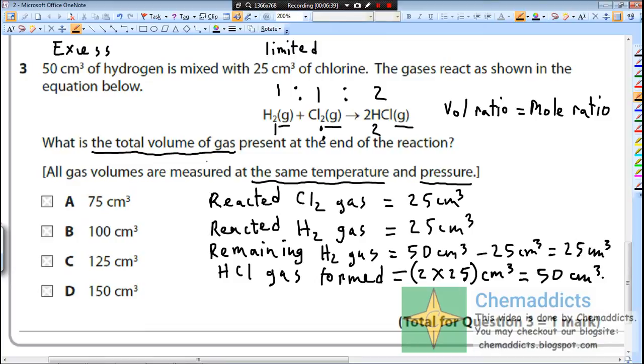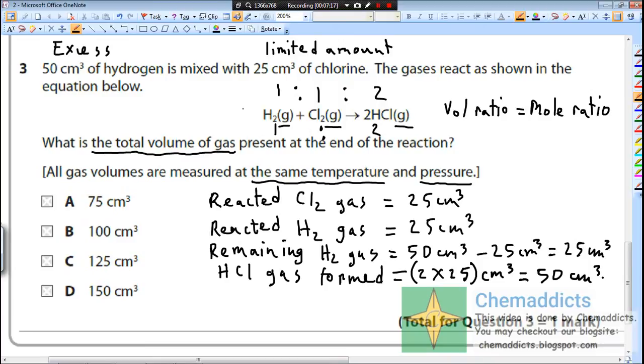So at first let us know which gases are present in this reaction. Chlorine is not present here. Let me repeat this again. Chlorine gas is not present in this reaction, since all the chlorine gas has been used up. Okay, since chlorine is in limited amount, chlorine gas would not be present in this reaction.